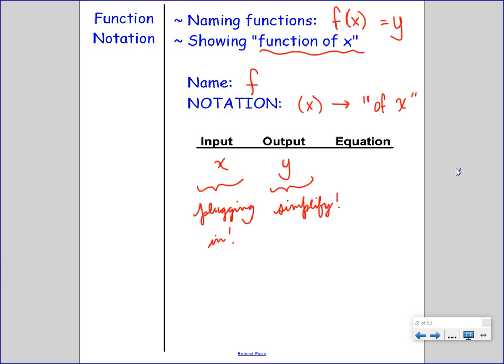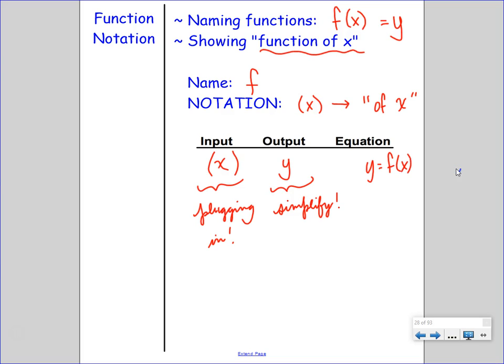Whenever we plug in the argument, we always need to put those parentheses. They're important in the beginning because they tell us of x, and they're important when we plug them in because, well, it's going to save you from a lot of poor little animals dying, let's just say. And then the equation that we're using is just y equals f of x.